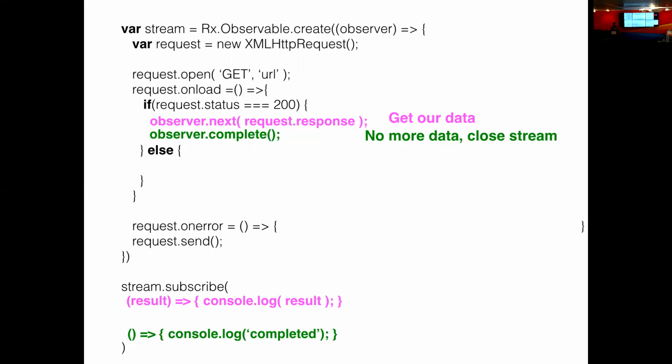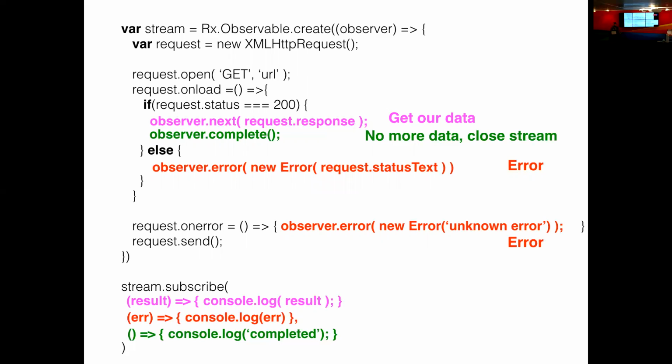And of course, if something goes wrong, we need to handle that as well. And that's when we call observer.error. Or in this case, we have an error here. As you can see, if you're kind of awake, we could possibly get 201 and we're going to treat that as an error. But the same principle remains. Next for emitting values, complete to close the stream, and error to handle errors. So regardless what async concept you come from, you can always wrap it like this.